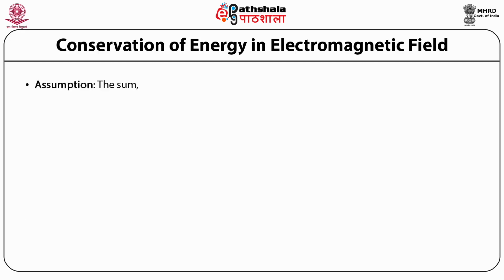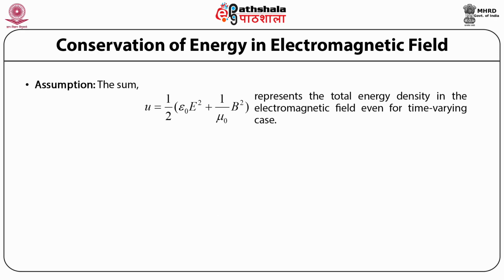And the sum of these two quantities, 1/2 times [ε0 E² + (1/μ0) B²], represents the total energy density in the electromagnetic field even for the time varying case.